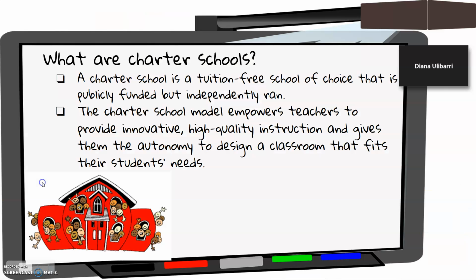What are charter schools? A charter school is a tuition-free school of choice that is publicly funded but independently run. The charter school model empowers teachers to provide innovative, high-quality instruction and gives them the autonomy to design a classroom that fits their students' needs.